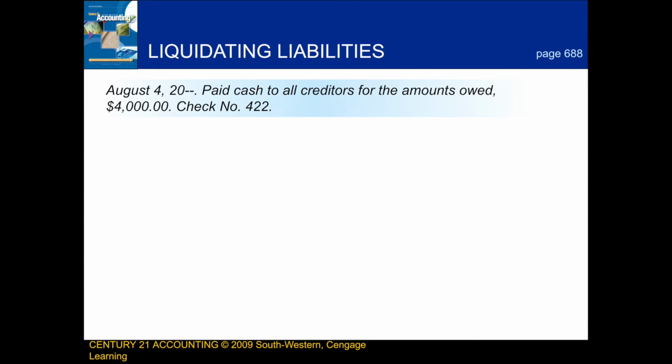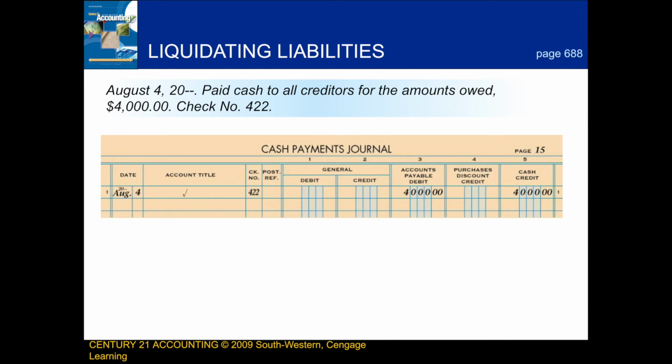Next we're going to be talking about journalizing the liquidation of liabilities. This next transaction reads, on August 4th, paid cash to all creditors for the amounts owed, $4,000, check number 422. When we journalize the liquidation of liabilities, there are multiple steps that we have to follow.